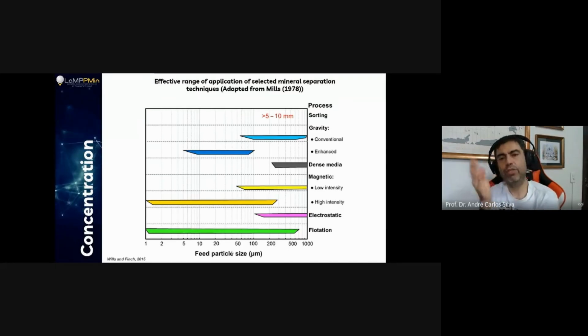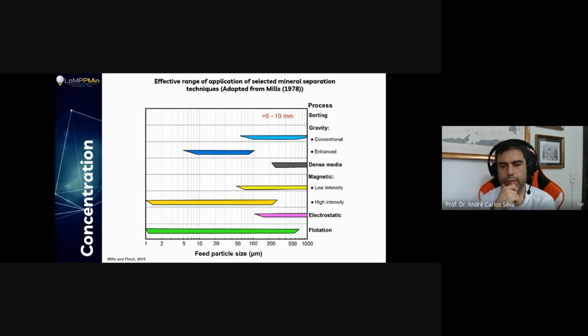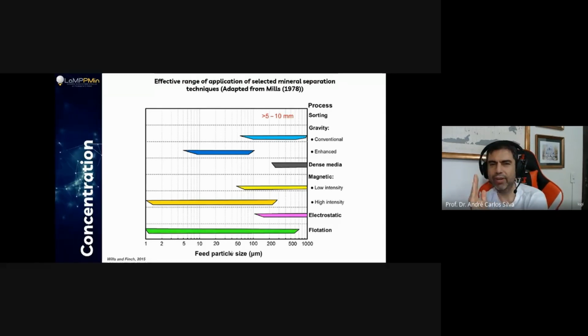It's doable, but it's not feasible. But up to 10 micrometers, you can do this. We do niobium flotation at 10 micrometers. 20 micrometers, yes, standard. From 20 up to 200, we can do this. But 500 micrometers is too coarse, okay? Oh, but we can try to do this in this or that material.